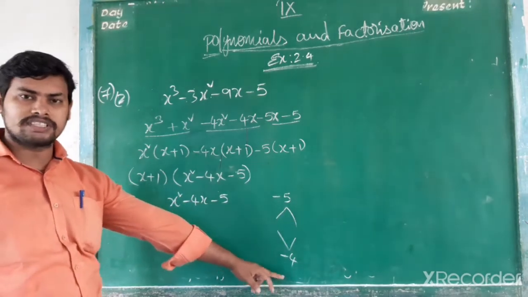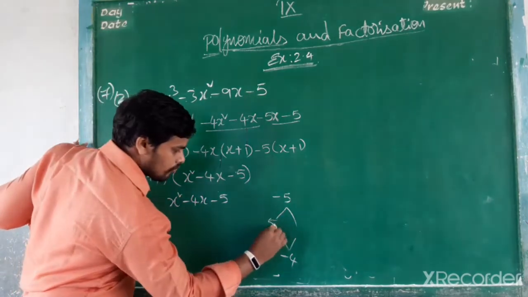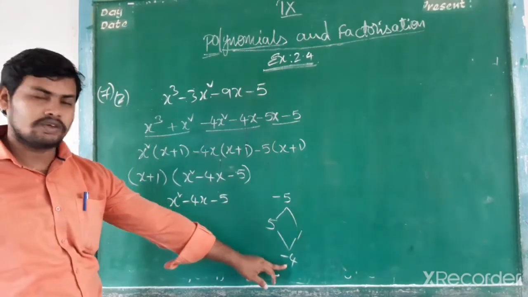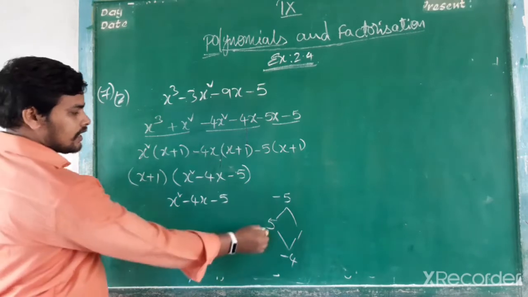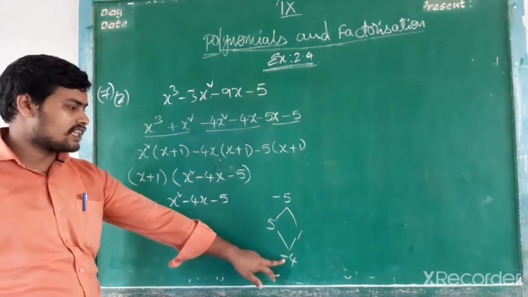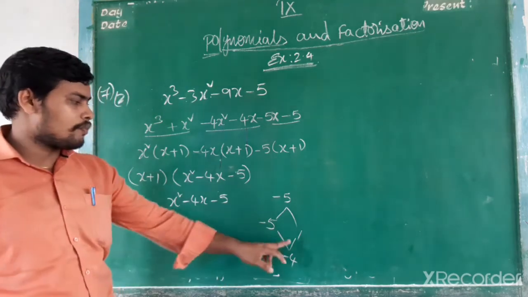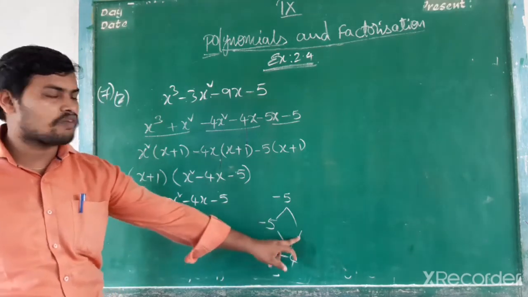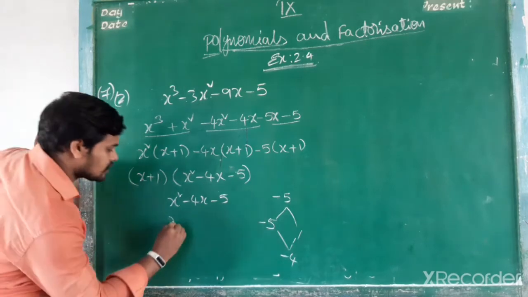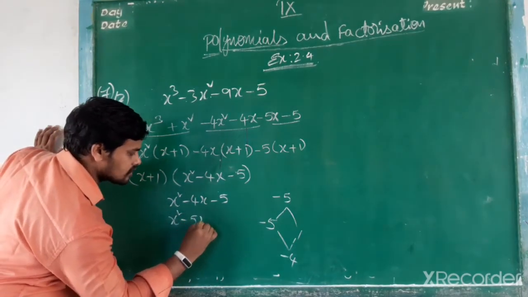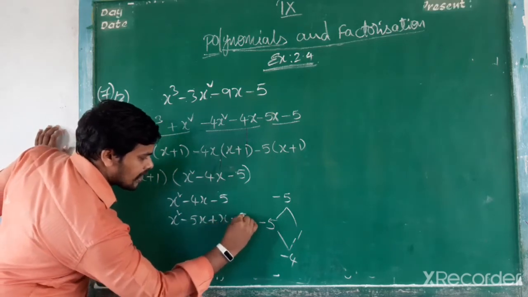If we add those two numbers, the result is minus 4. 5 into 1 is 5. 5 plus 1, 6. So we have to place a minus sign here because 4 has the minus sign. That's why I have to place the minus sign for the bigger number. Minus 5 plus 1, minus 4. Minus 5 into 1, minus 5. X square minus 5x plus x minus 5.